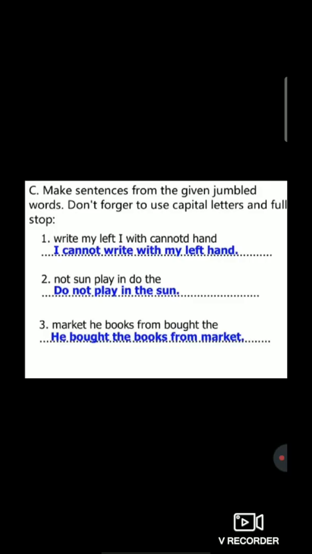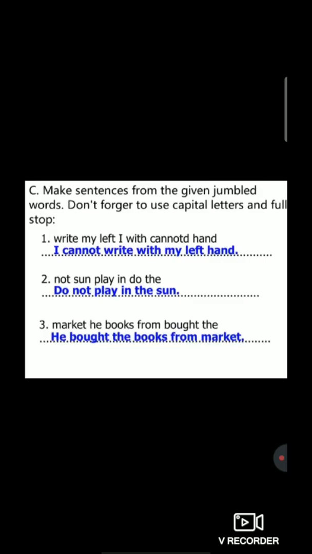So let's see the first question. Write my left eye with cannot hand. So here the answer will be: I cannot write with my left hand. At the end of the sentence we have to put a full stop.